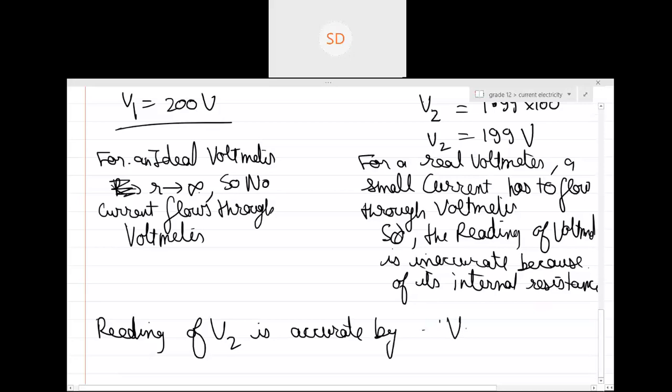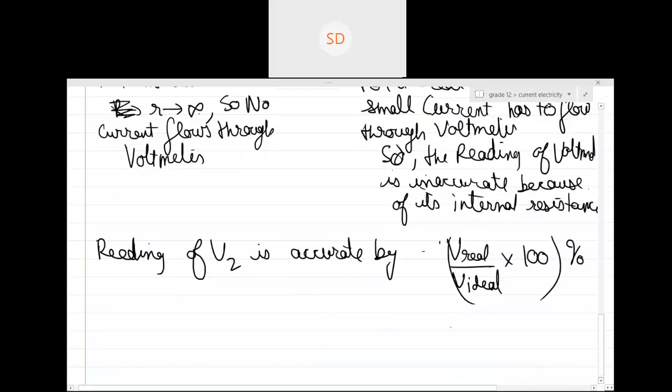It is V real upon V ideal multiplied by 100%. Yes or no? So it will be 199 divided by 200 into 100%. Yes or no, guys?